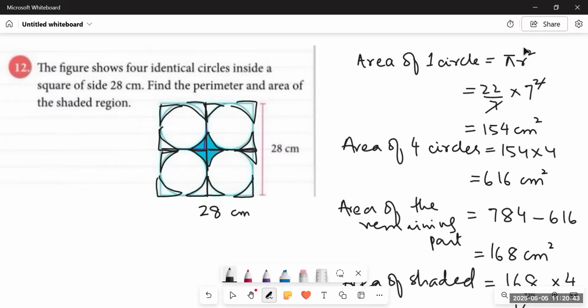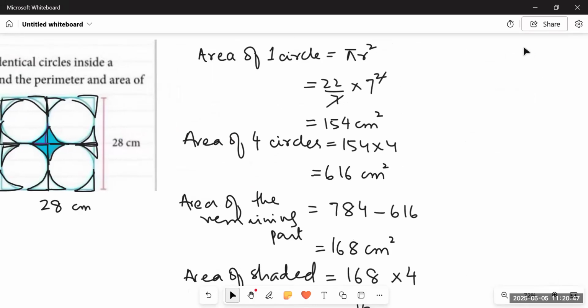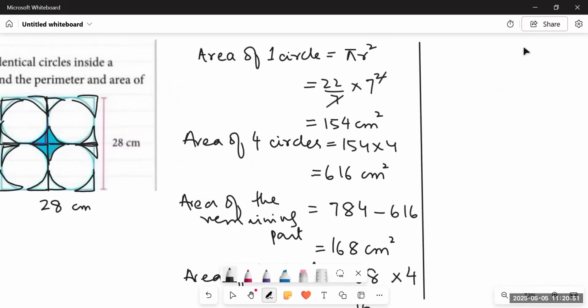And then we have to find out its perimeter as well. So we are going to do the same. Let us first find out the perimeter of the square. So the perimeter of a square would be simple, 28 multiplied by 4, which is 112.